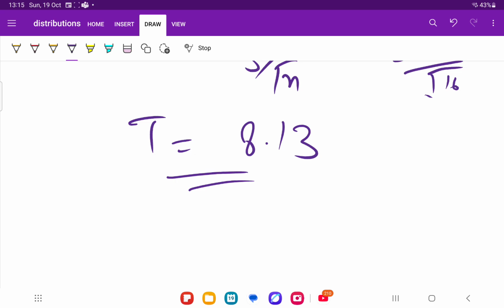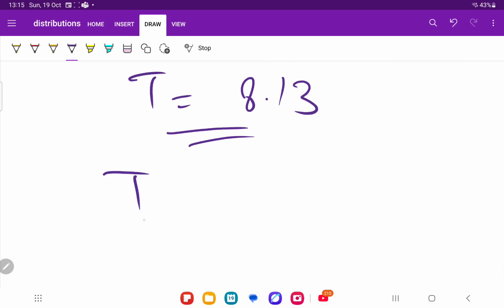Okay, T value could be positive or negative. So now you have to decide your rule for rejection. Since your T value is positive, it means you should write a rule with greater: greater than or equal to T alpha. Not only T alpha, but T alpha by 2, because we have a two-tail test.